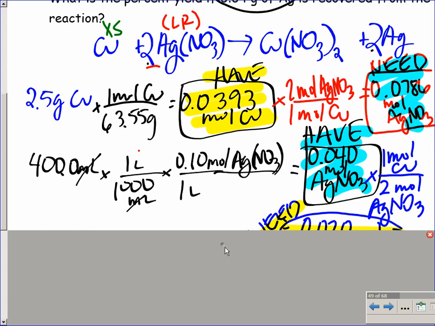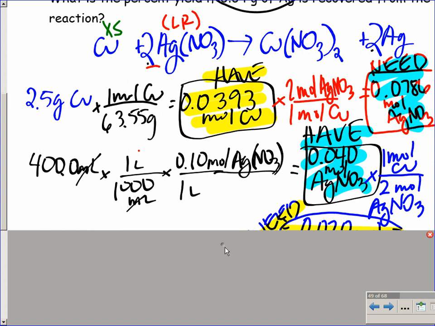Wait. Sorry, you're asking for percent yield. Percent yield. So you have your actual silver over your theoretical, and then multiply by 100. So the actual silver. What would you get for the copper? Would I put, like, 4.21? And then you just divide that by 3.64 over 4 as a final.